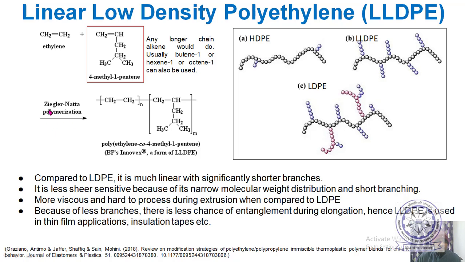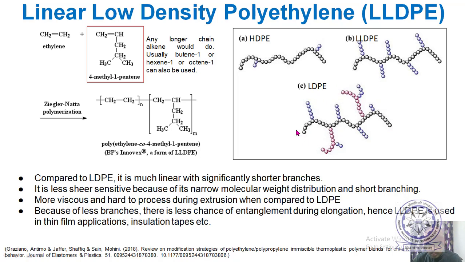This is made using the Ziegler-Natta polymerization method, and this is how the structures are formed. Polyethylene co-4-methyl 1-pentene is also known as LLDPE. So this is the simple HDPE structure, a linear polyethylene, and this is a low density polyethylene with branching, coiling, etc. This one is highly crystalline in nature.